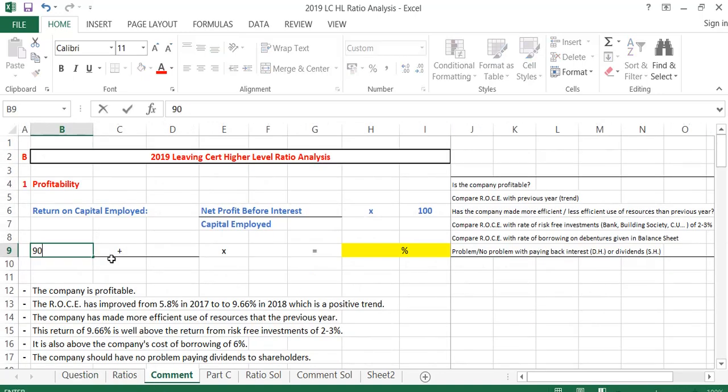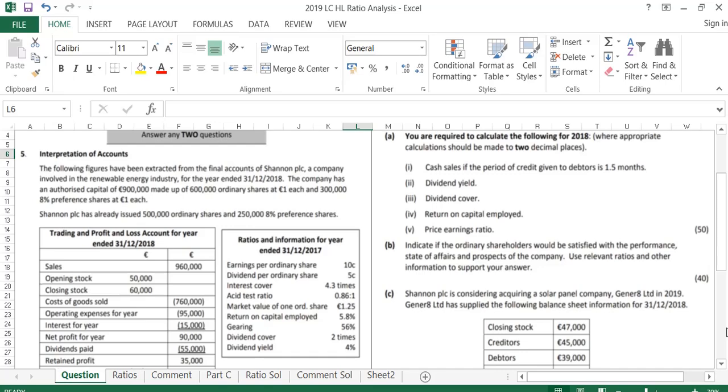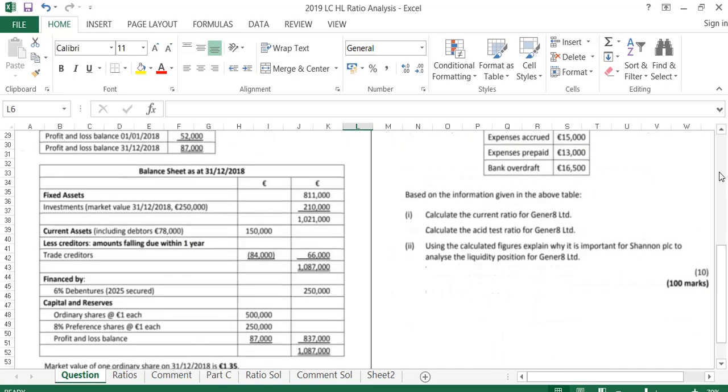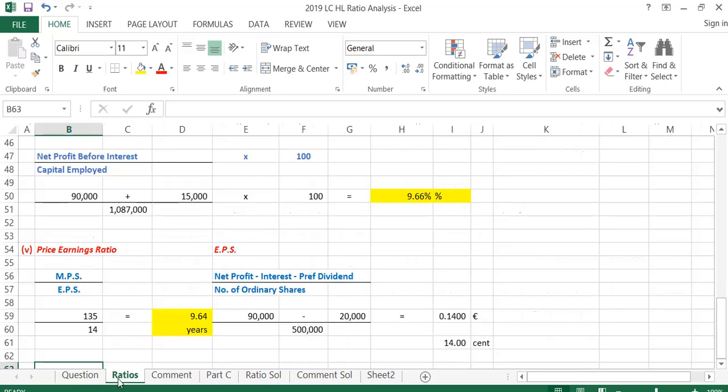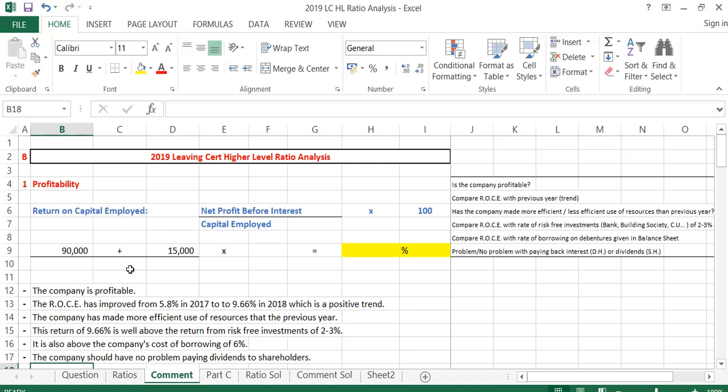So it's 90,000 plus 15,000 over the capital employed, which is the total of my balance sheet, which again I can see here is the 1,087,000. And I'm going to multiply that by 100 because my answer is a percentage.